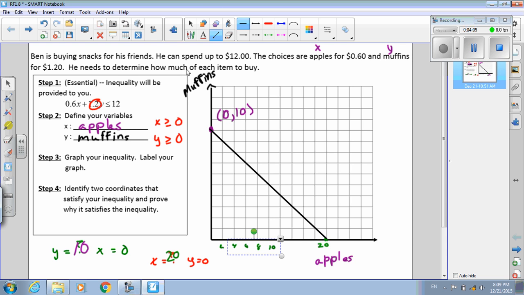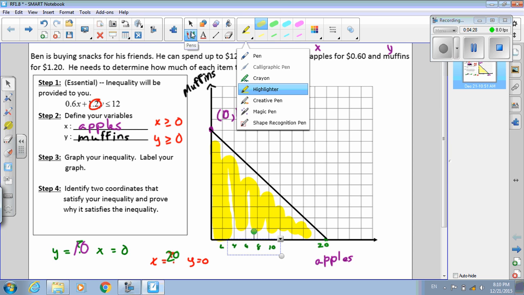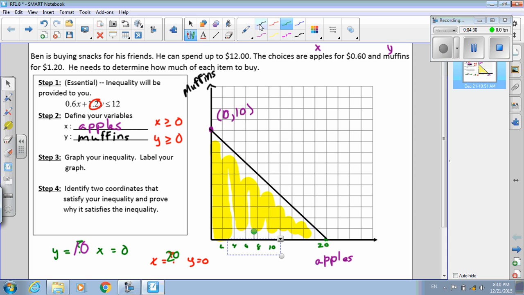So how many items would he need to buy? Identify two coordinates that satisfy the inequality and prove why they satisfy it. So 2 points. Any points found in this region here are feasible solutions. But let's just go to spending all this money, because Ben looks like a guy who's going to buy snacks for his friends, so he wants to get as many snacks as he can.